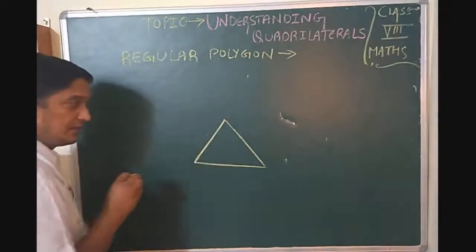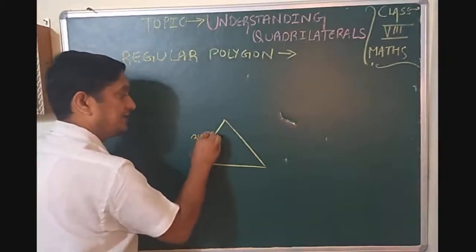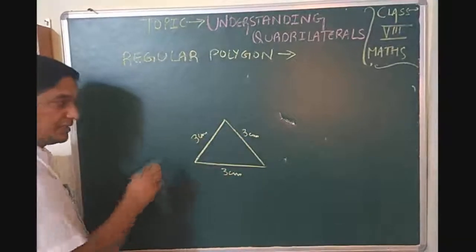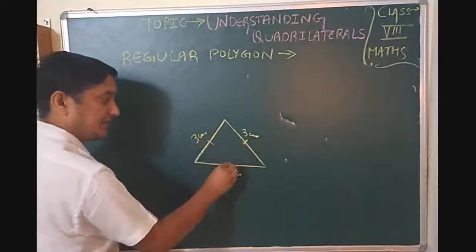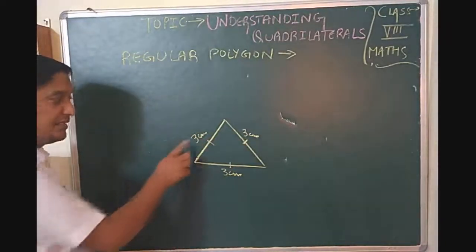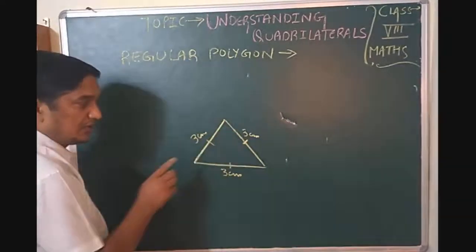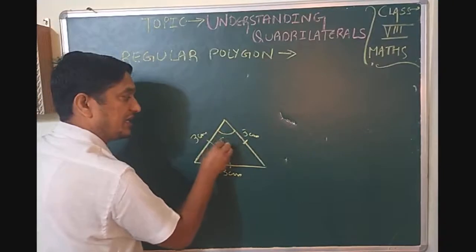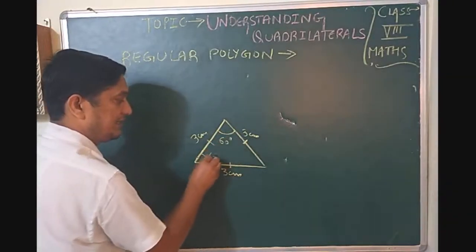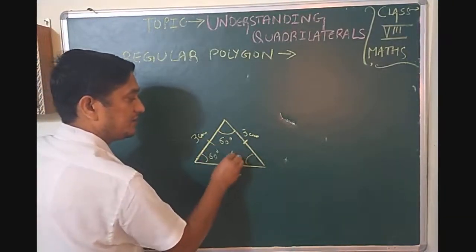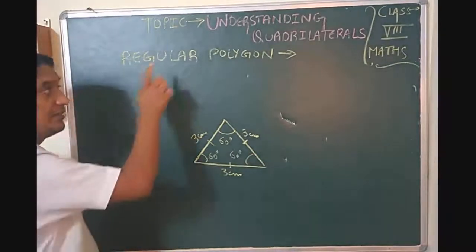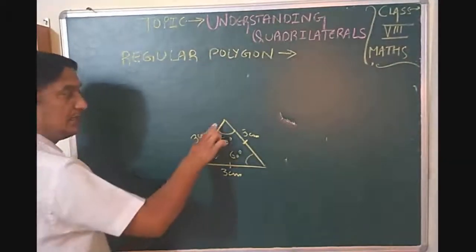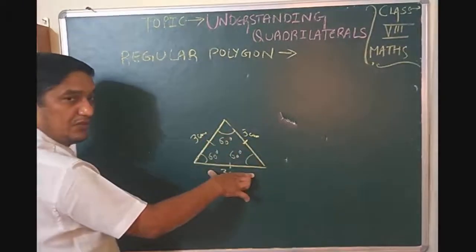This is a polygon in which this is 3 centimeter, this is 3 centimeter, this is 3 centimeter. It means all the three sides are of 3 centimeter length, so they are all equal. So it becomes an equilateral triangle, and we know that in an equilateral triangle each angle is equal to 60 degrees.